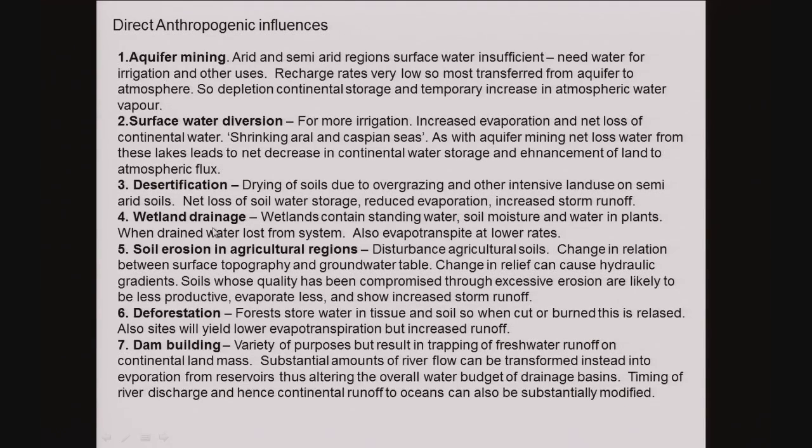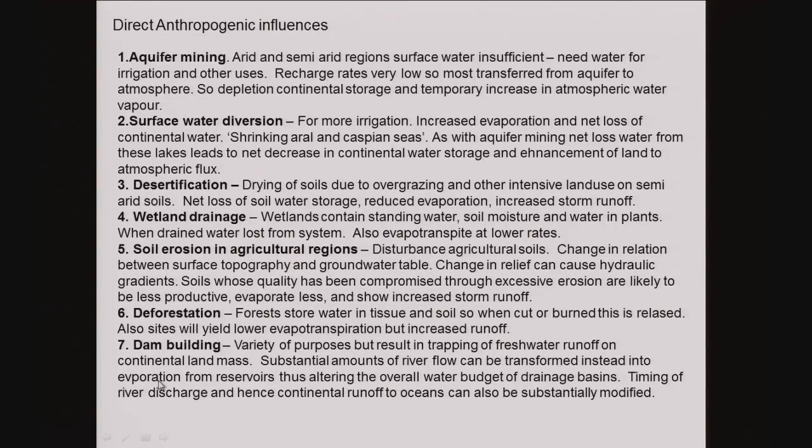There are things like aquifer mining, surface water diversion, so changing the path that rivers take, desertification, wetland drainage, soil erosion in agricultural regions, diverting water, deforestation, cutting down trees, and dam building.